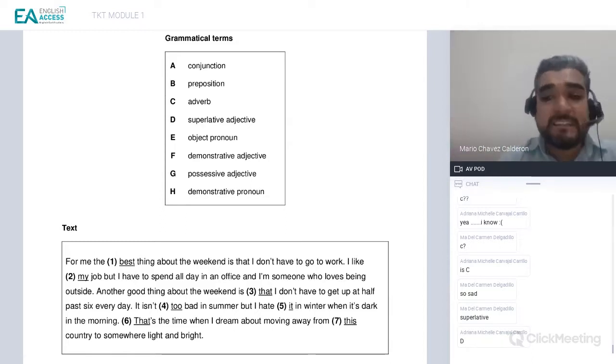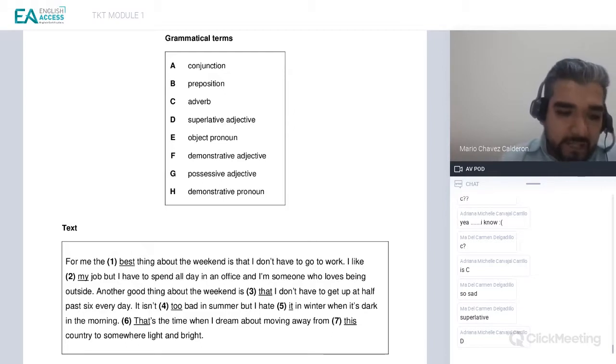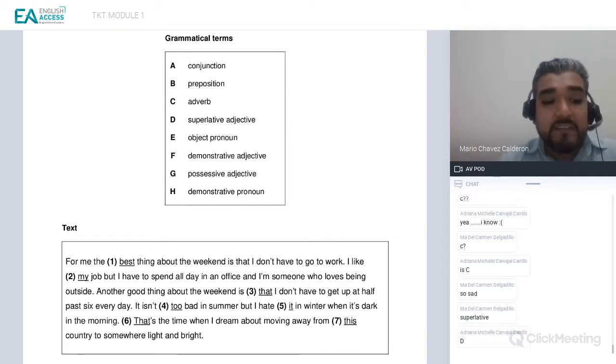This is an exam. This is the way the exam looks. These are more or less the type of activities that you have in the exam.